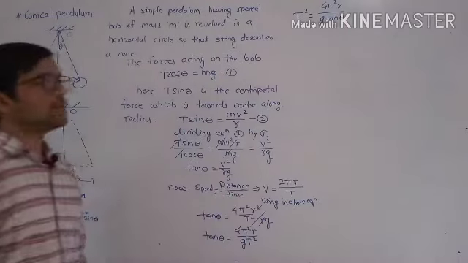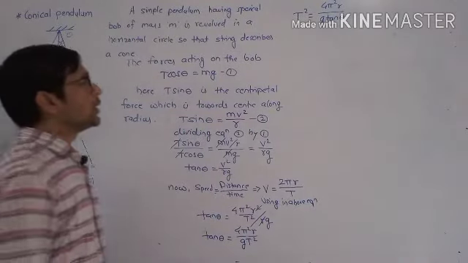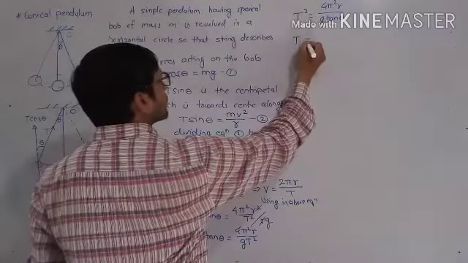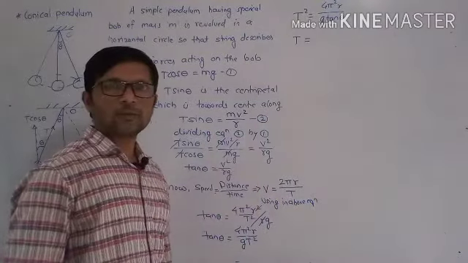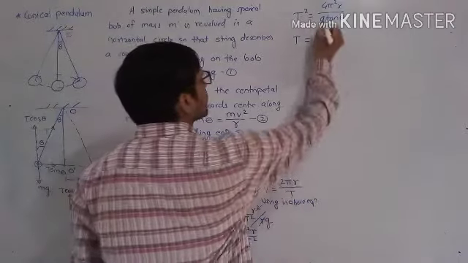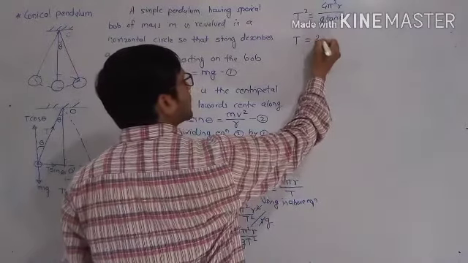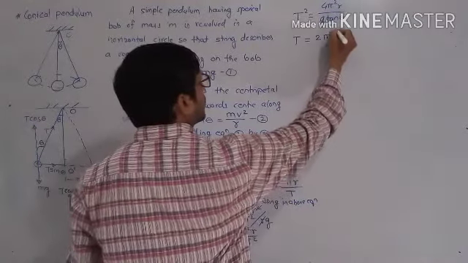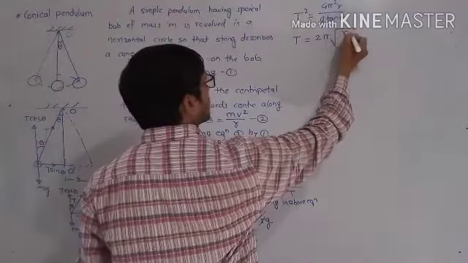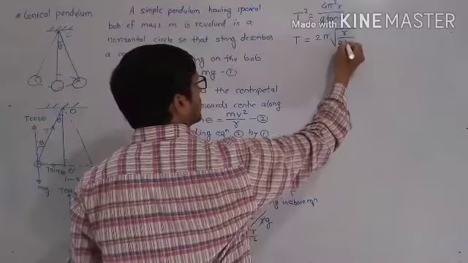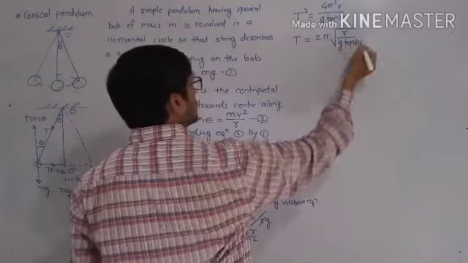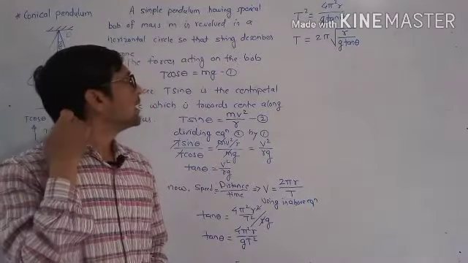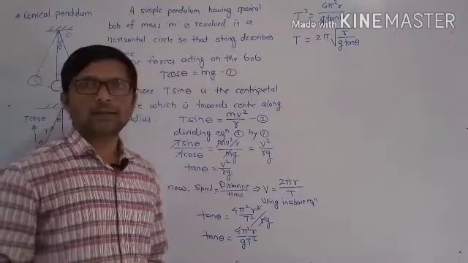Now taking square root on both sides: square root of T square is T, square root of 4 is 2, square root of pi square is pi, all other terms are inside the root. T is equal to 2 pi root r upon g tan theta.